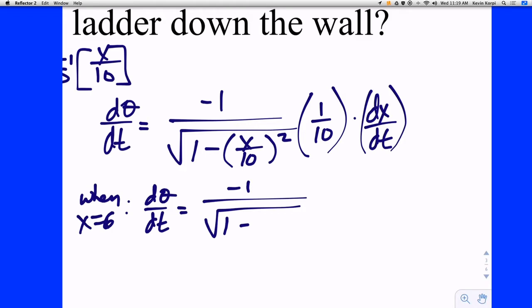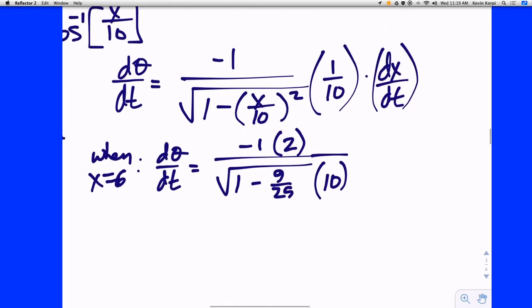And 3/5 squared is known as 9/25. Woof, good. And then there's times a 10 in the denominator times dx dt, which is a 2, which I'll put in the top. The chain rule, yeah, easy to forget here.